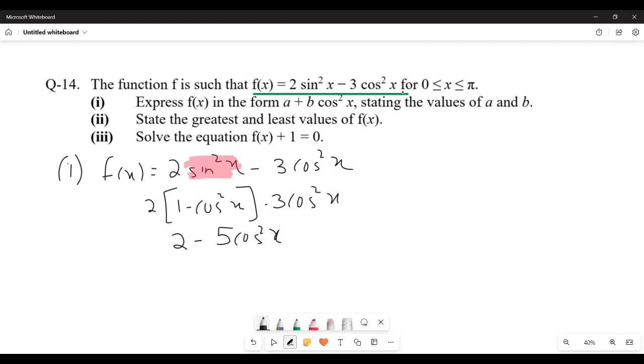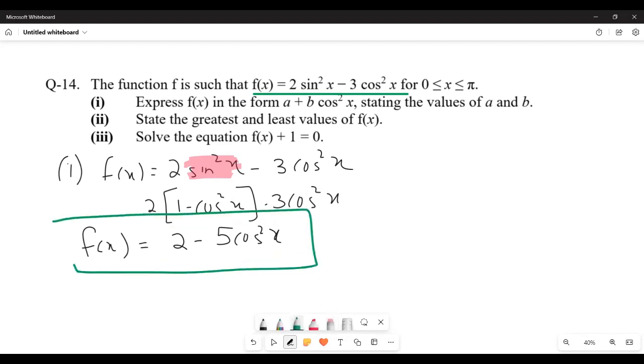State the greatest and the least value of this. Okay. अब इसके लिए क्या करेंगे? Let's see what part of the graph is actually a variable. It's this part of the graph. क्योंकि cos का जो curve होता है वो कभी ऊपर जाता है कभी नीचे जाता है, right?